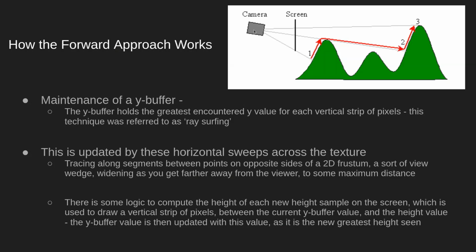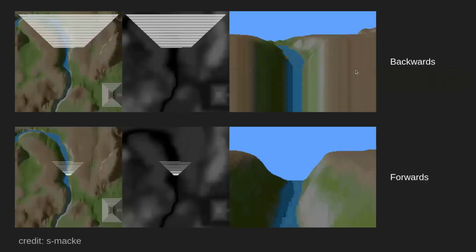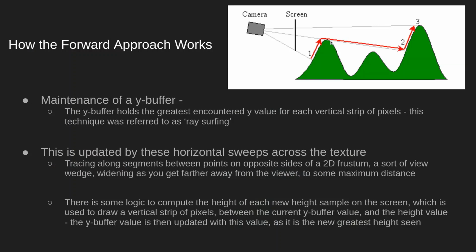So starting at the bottom of the screen with the Y value equal to 0, you go forward from the camera location, and you get these height samples, and that updates continually. And so you're not drawing these spaces where this lower section is. You know that you don't have to overdraw in these sections. But when that height value becomes greater than the Y buffer, you begin to draw over again.